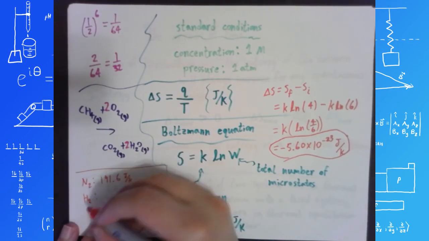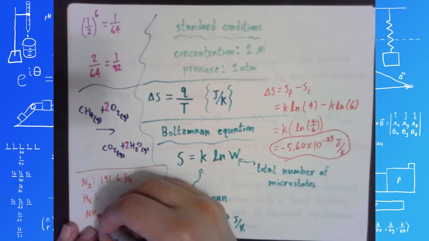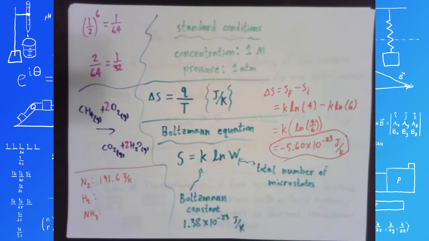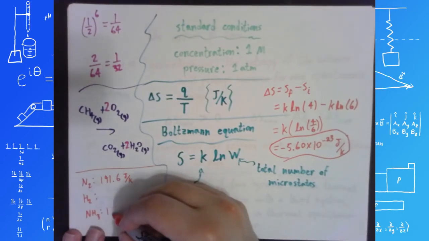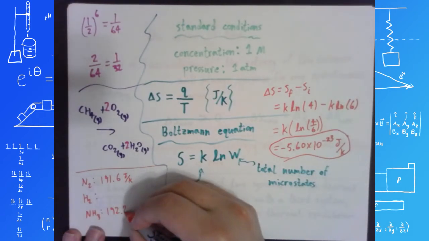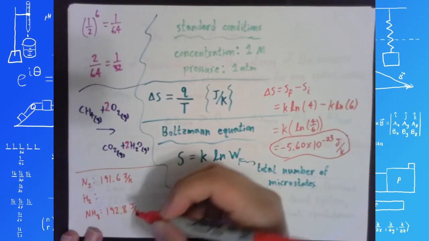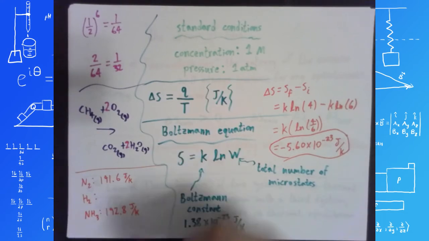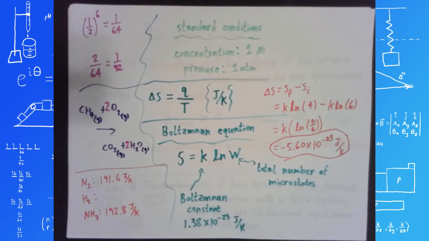Hydrogen and ammonia. Let's see, ammonia is 192.8 joules per Kelvin, and hydrogen, where is hydrogen?